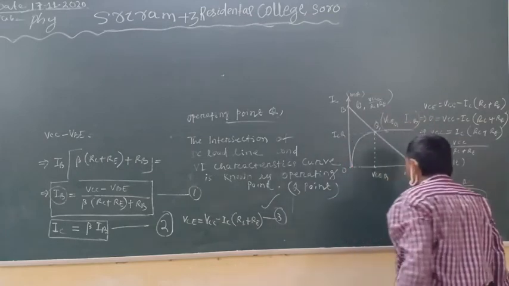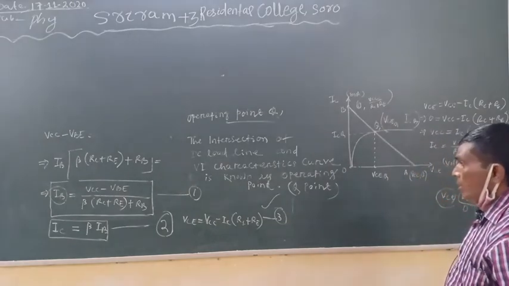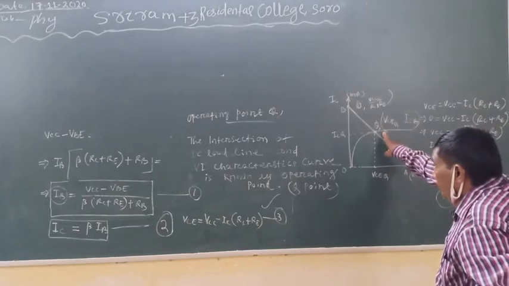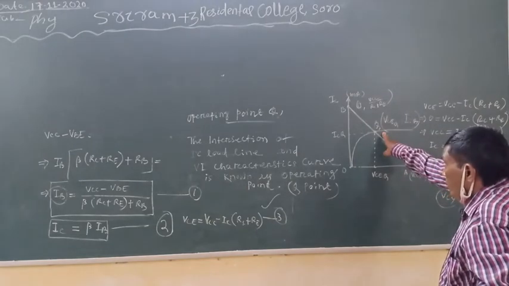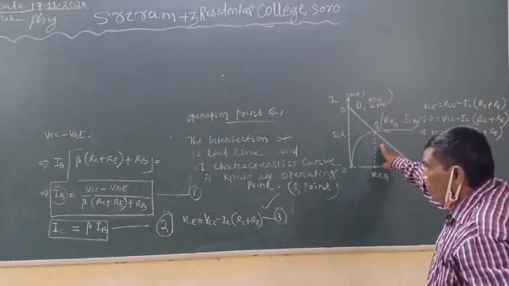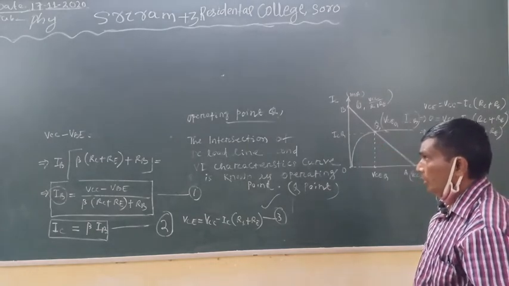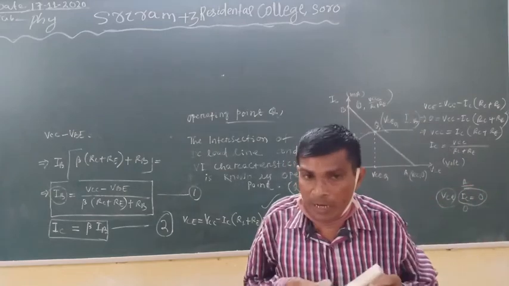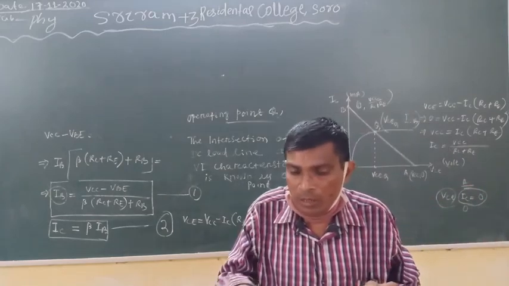So this is known as the operating point. The zero signal operating point VCEQ and ICQ is also known as the operating point. So this is the self-bias model, or self-bias configuration.